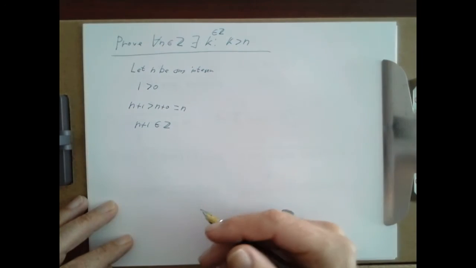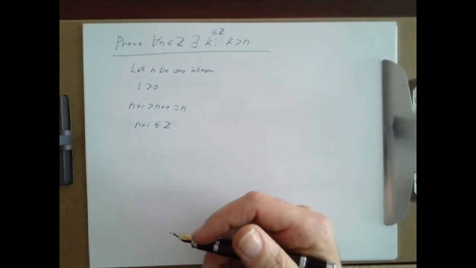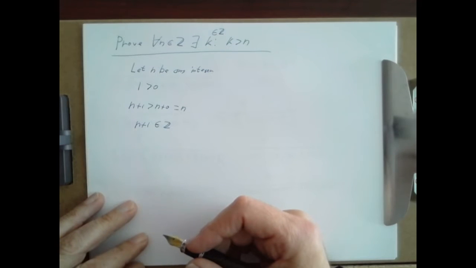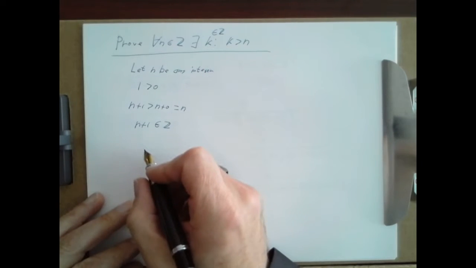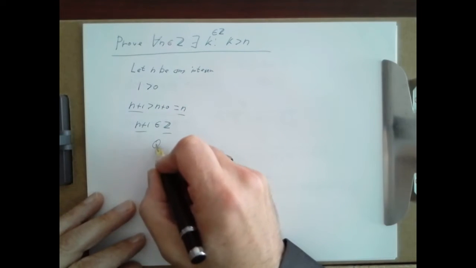So the reason for this might be closure of integers under addition, and 1 is an integer, or it might be common sense, or I don't know what. Like I say, it depends how detailed they're asking you to be. But here we've shown that n plus 1 is bigger than n, and it's an integer. That's all we needed to do.